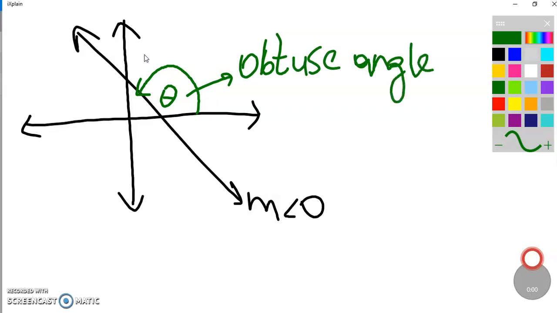So how do we determine this angle of inclination if we have a negative gradient? Let's make an example of an equation so that you can have a negative gradient. Say the equation is y equals negative half of x plus 2.